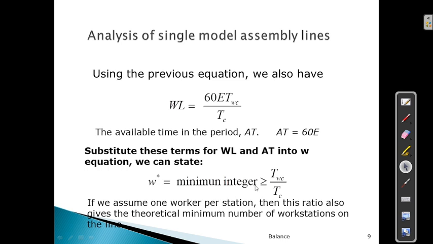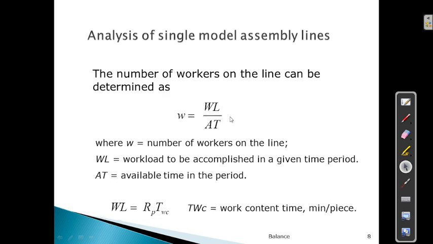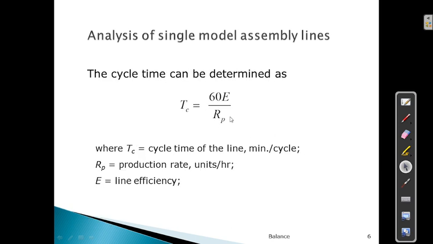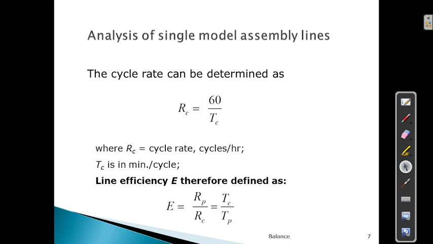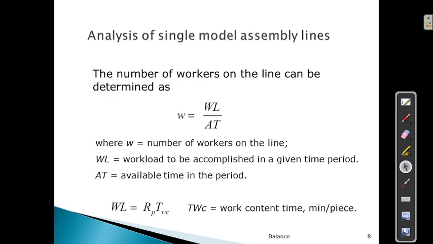Using the previous equation, we also have WL equal to 60E divided by Tc, multiplied by TWC, where Tc we already got from the earlier formula. TWC is the work content time.